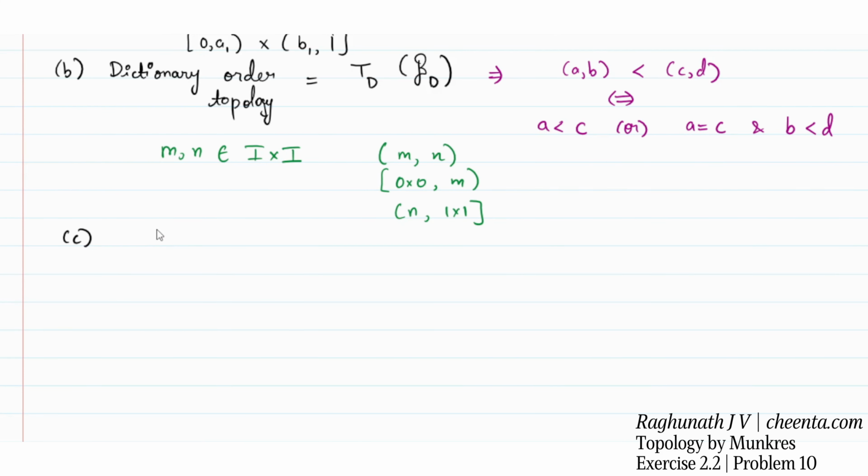We know the usual topology that we put on R cross R is like (x1, x2) cross (y1, y2).